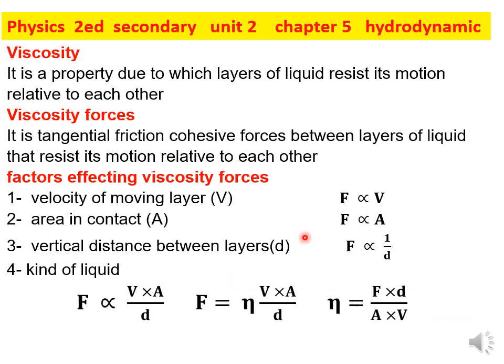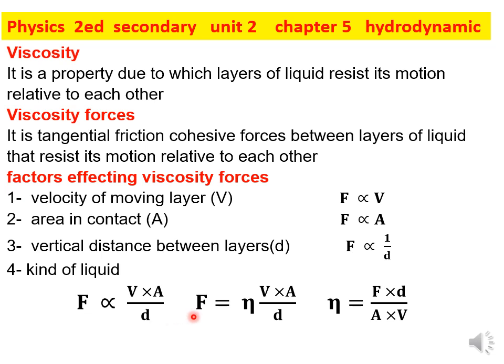From all of these, the viscosity forces are directly proportional to the velocity of the moving layer, directly proportional to the area in contact between the two layers, and inversely proportional to the vertical distance between the moving layers.